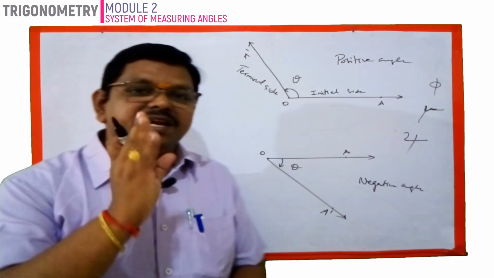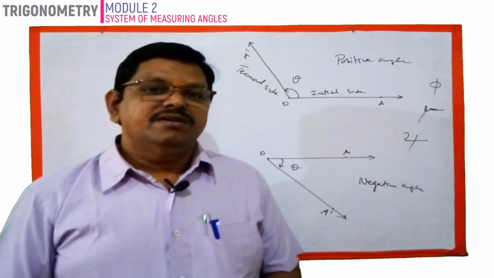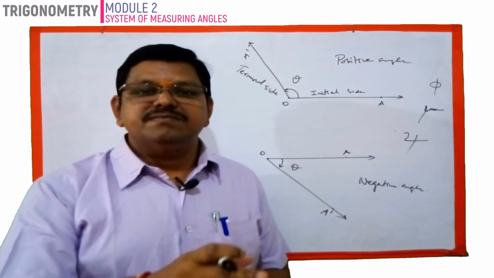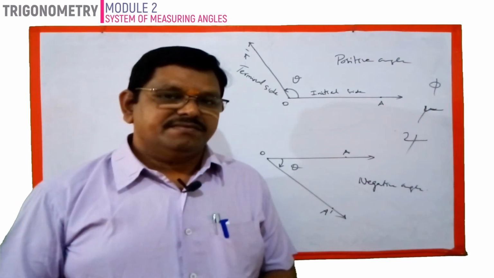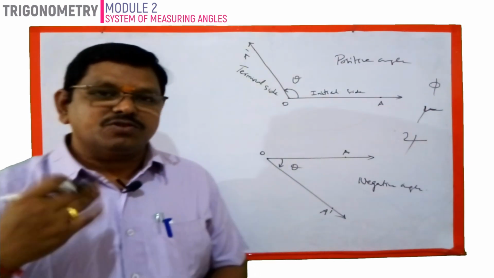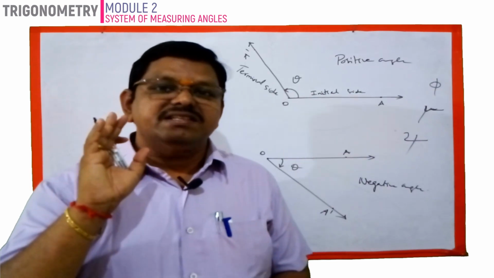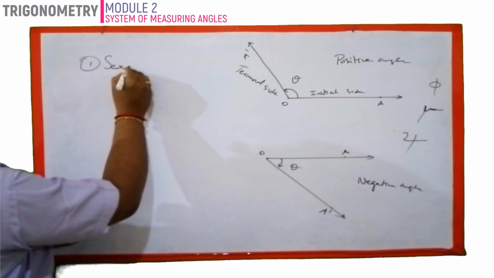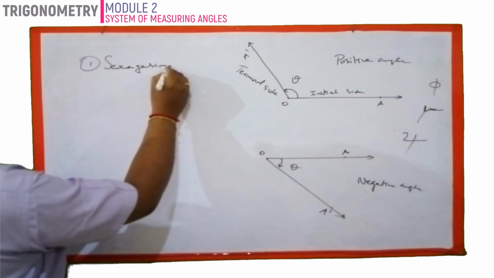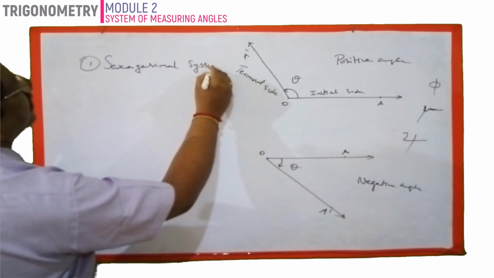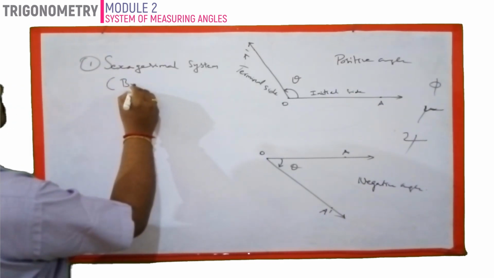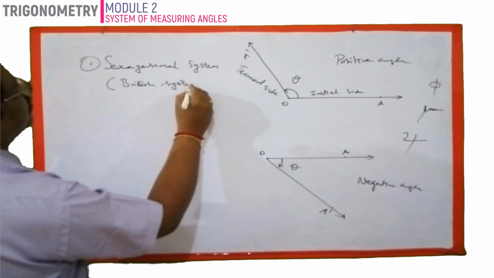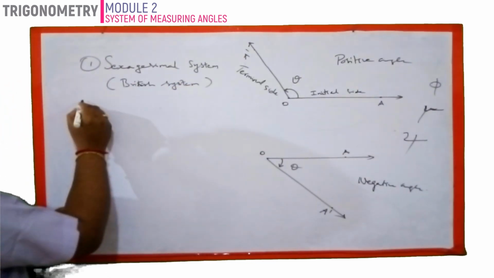Here we are using three different types of systems. Those three systems are called British system, French system, and circular measure. The first type is the sexagesimal system. Its other name is British system, the British system of measuring angles.